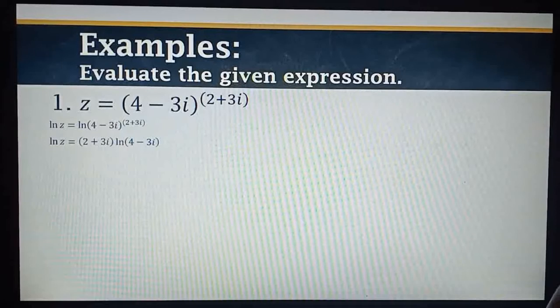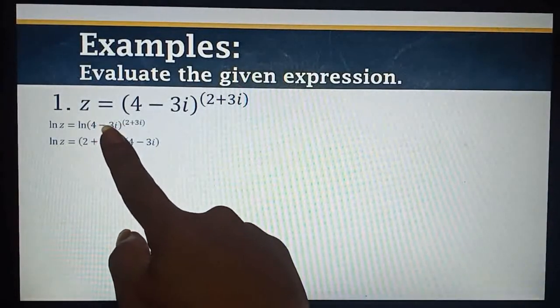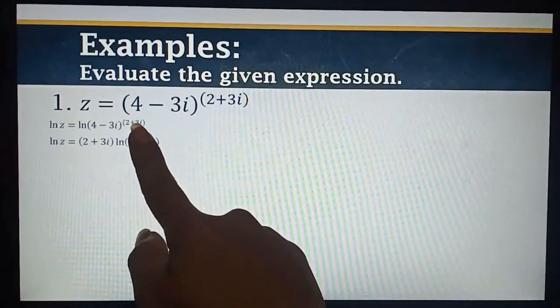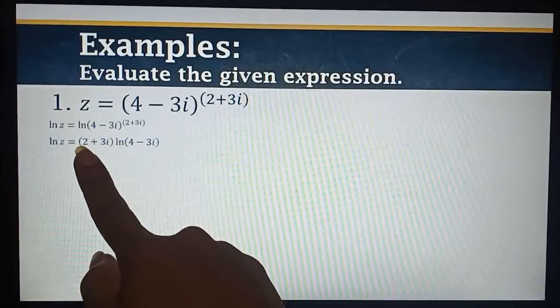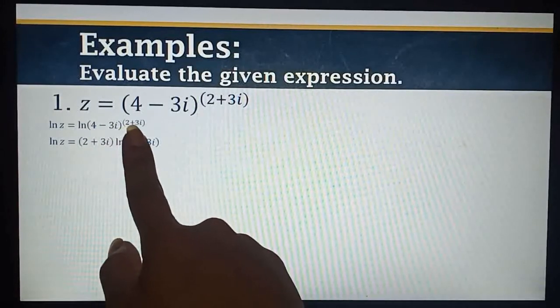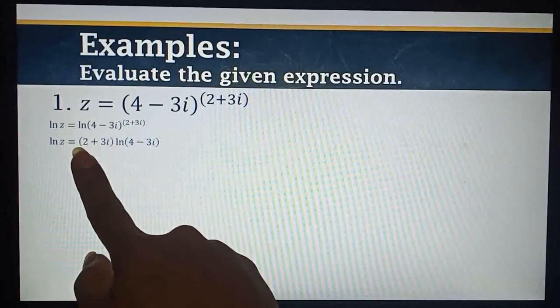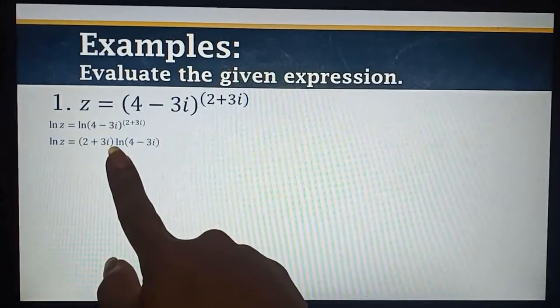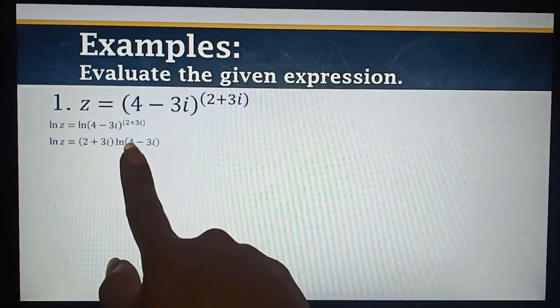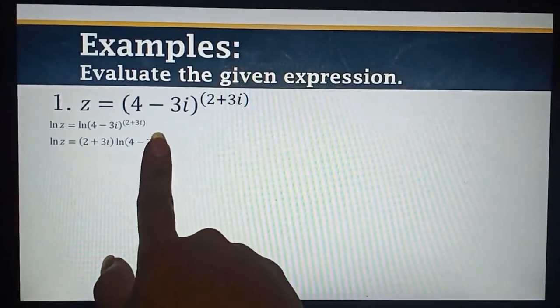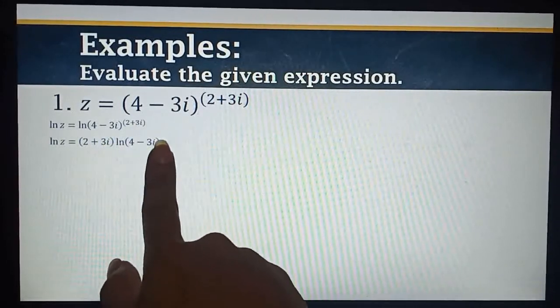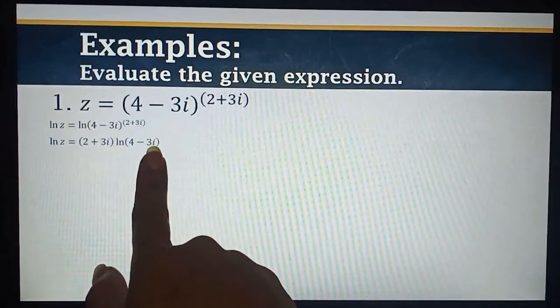So we know that the property of the natural logarithm, when the argument of our ln has an exponent, that exponent can be brought down in front of the ln. So we can bring down 2 plus 3i in front of ln. So we will now have 2 plus 3i multiplied by ln of the argument, which is 4 minus 3i.